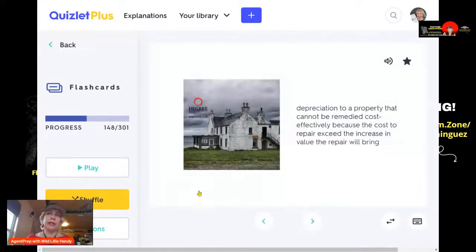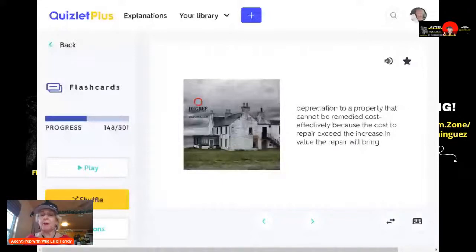Okay, number 148. Depreciation to a property that cannot be remedied cost effectively because the cost of repairs exceed the increase in value the repair will bring. So depending on the location, what's surrounding, sometimes improving a property, no matter what is done to it, won't appreciate the price. The property will still depreciate because of the location.